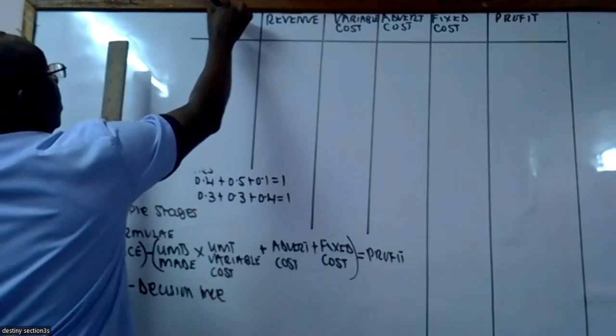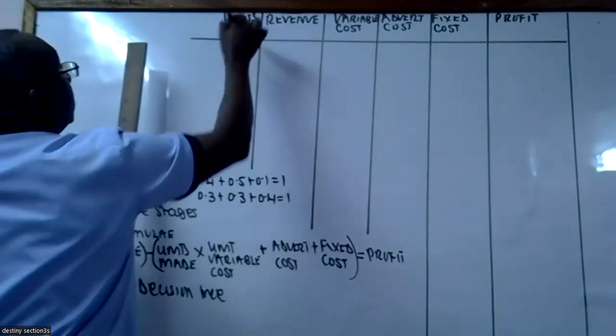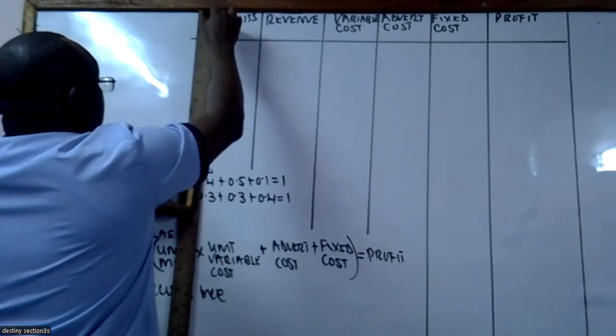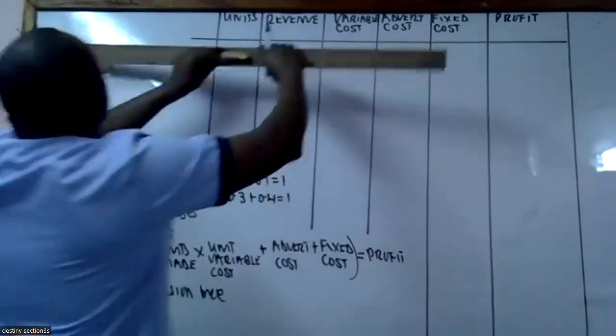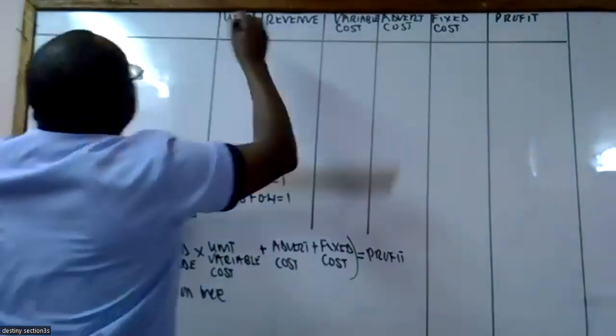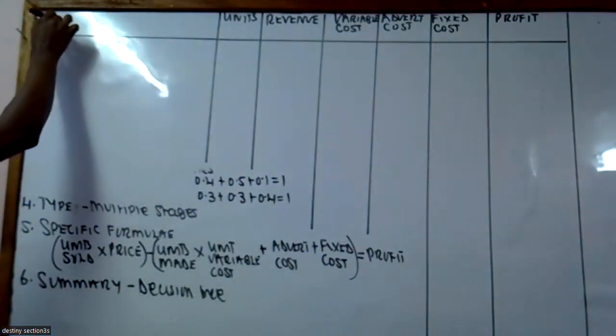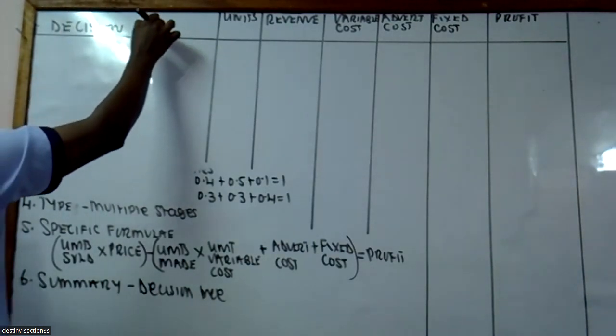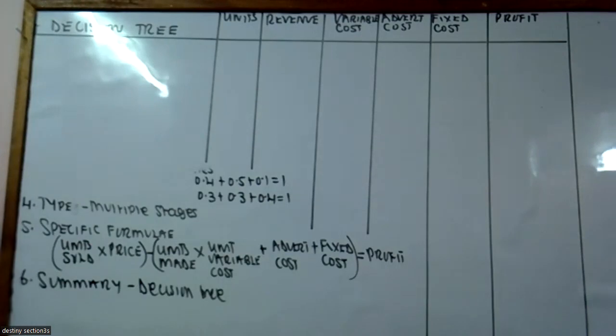And then I will have a column for units. And this space that remains, it is where I will have my decision tree. So we can arrange it that way.